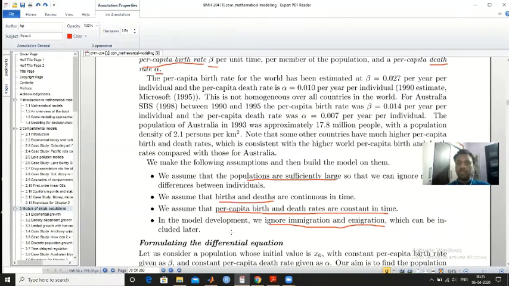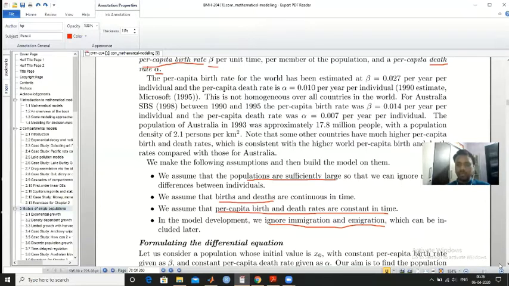At present we are not considering the immigration and migration of the population in the compartment. So these are the four assumptions: the population is very large, birth and death rates are continuous in time, these rates are constant, and we are ignoring immigration and migration.